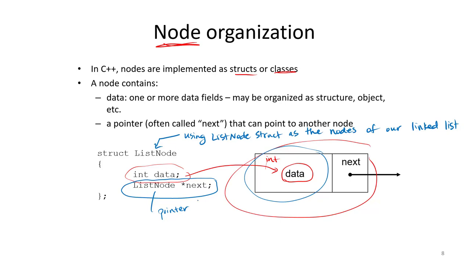And so in this case, the pointer is of list node type because it needs to connect one node to the next.